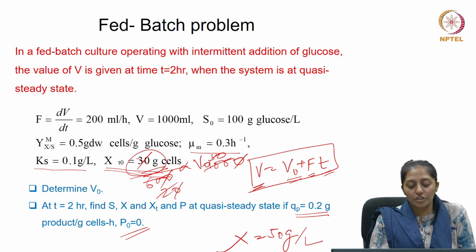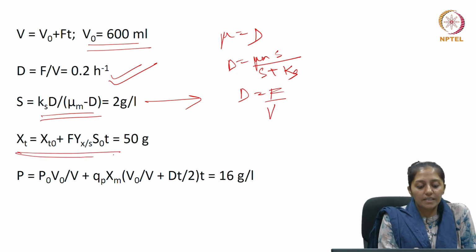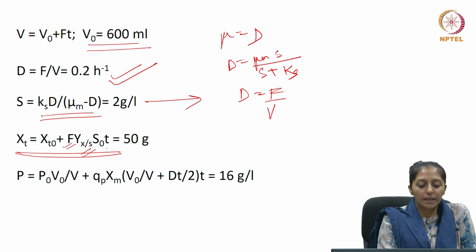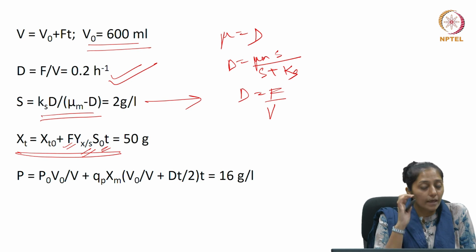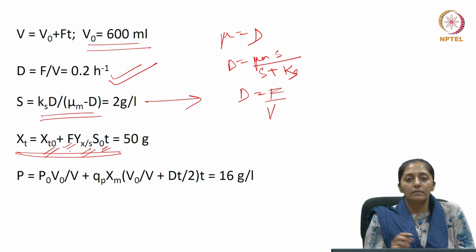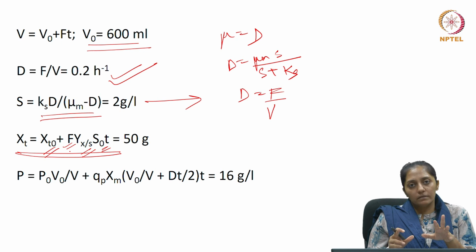Now, we can even cross check this. We know at quasi steady state how the biomass amount will keep changing with time given the value of F, Yx by S and S naught. So, S naught is known to us, Yx by S is also known, F is known and Xt naught is also given. This is assuming that almost all the substrate which is coming in is getting utilized.